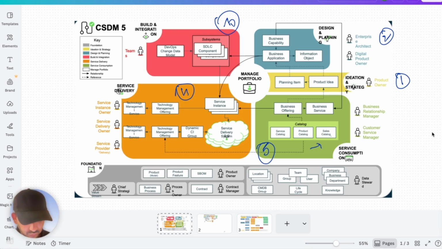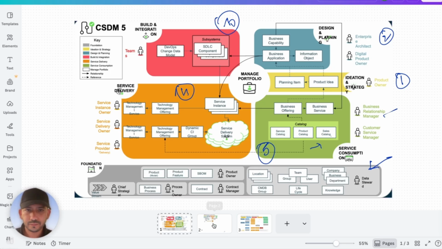You use a business relationship manager to sell the product or service that you have developed. Foundation is very important. It provides the normal base level data that is needed in different parts of your CSDM to build those values.